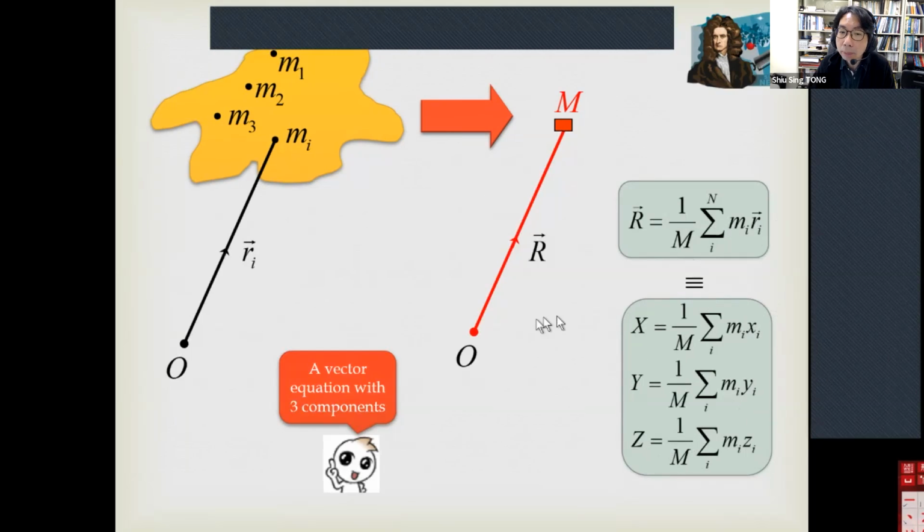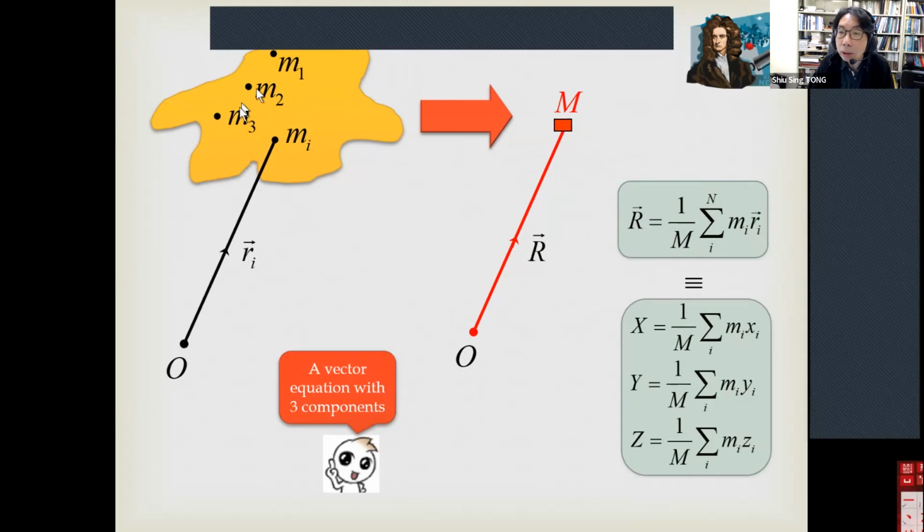If you have a system of particles like this, I can divide the system into many particles, and the i-th particle has a position given by r_i. If I form a sum of the product of the mass and the position vector and divide by the total mass of the system, I will be able to get the position of the center of mass.